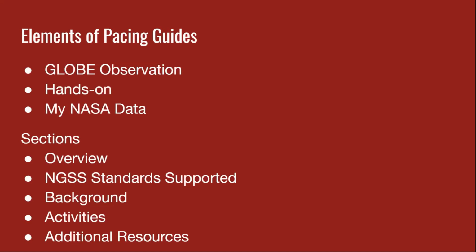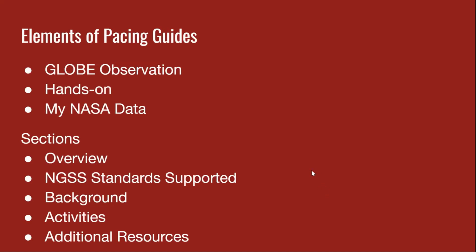And we made the conscious decision to utilize the Globe program's Globe Observer app for these observations so that you don't necessarily have to be a Globe trained teacher in order to use it. They all also have at least one hands-on activity and at least one My NASA Data activity. And so there's a variety of ways for students to engage with the subject and for us to progress through the content.